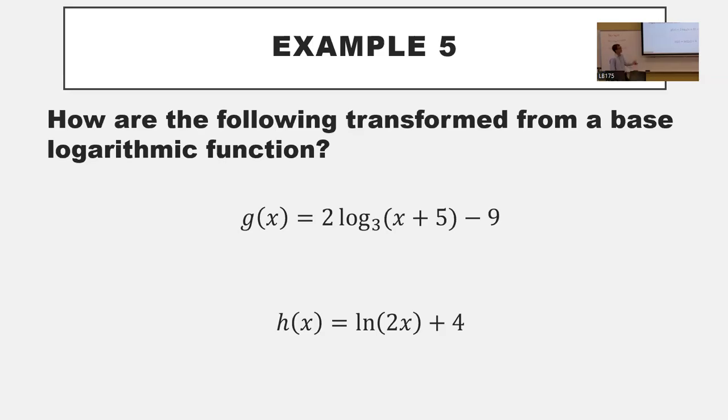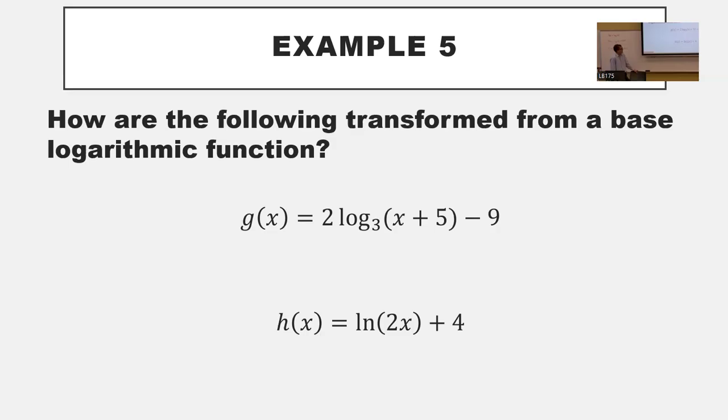And we have a 2 out in front. That's going to be a vertical stretch by a factor of 2. I won't draw that because once we use log base 3 on the calculator, we can graph that on the calculator. Perfectly fine. So you can graph that on the calculator if you want, once we've seen log of different bases.